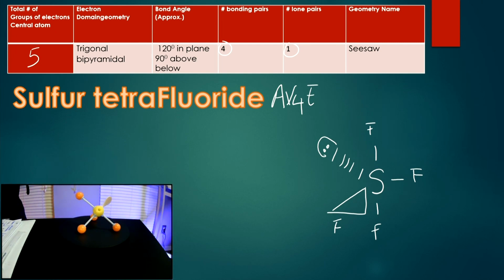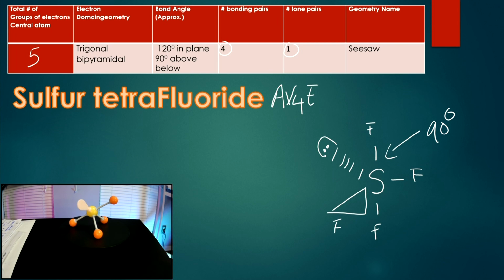Taking a moment to look at the model on your screen, the lone pair is moving away. Our bond angles here are 90 degrees, and then the 120 will be between these two. Okay, so that's our 120 degrees.